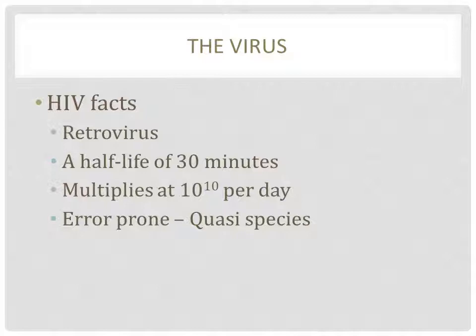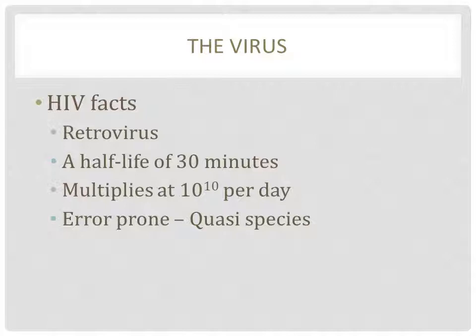The very first thing we're going to do is remind ourselves of a few facts about HIV that make it unique. The fact that it's a retrovirus. It has a half-life of 30 minutes, but its strength lies in its ability to replicate and replicate in large number. It is said that HIV produces about 10 billion virions per day. I don't think I know of anything in life that is produced at the rate of 10 billion per day.